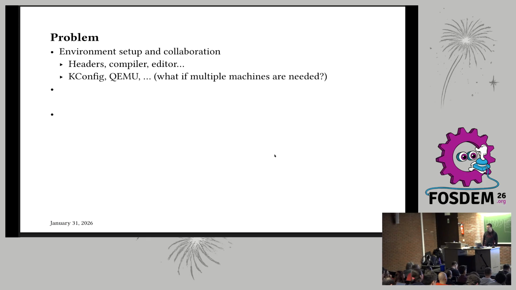So the problems we're having: if you're doing a pretty big project, you need to synchronize the headers and the compiler versions, and sometimes LSPs won't even work with your editor. And if you have a niche use case with some guarded BPF helper functions like override return, you have to tweak the compilation flags for it to work properly.